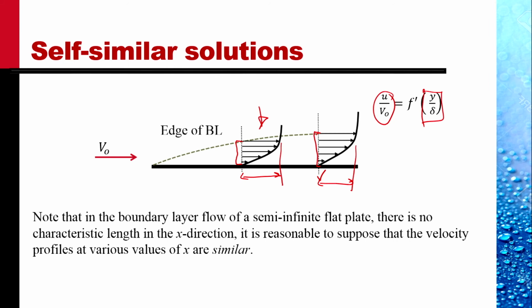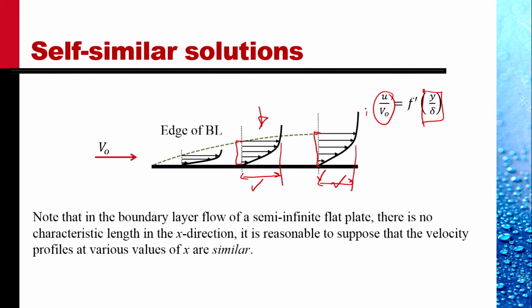The velocity profile at a given location can be found out from the velocity profile at another location by simply scaling the velocity profile, in this case only in the y direction. At another value of x, the velocity profile is obtained by further scaling. These three profiles are drawn by simply stretching or collapsing in the y direction. There is another way to interpret self-similarity.